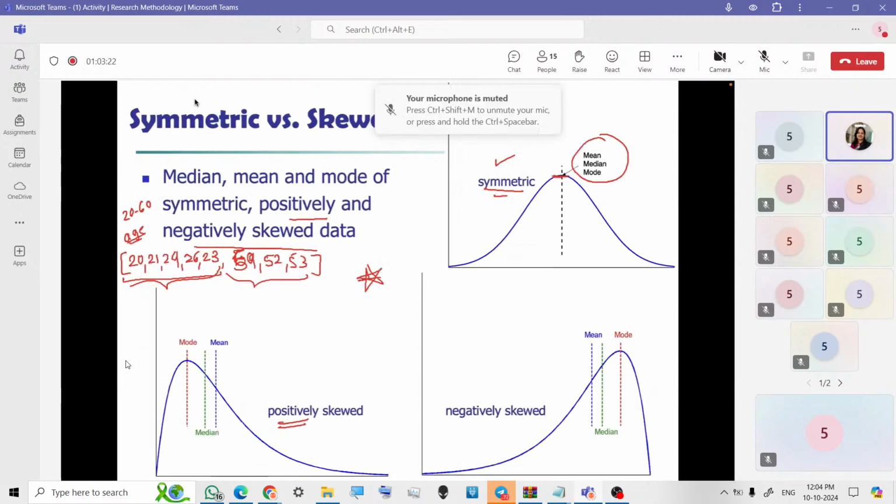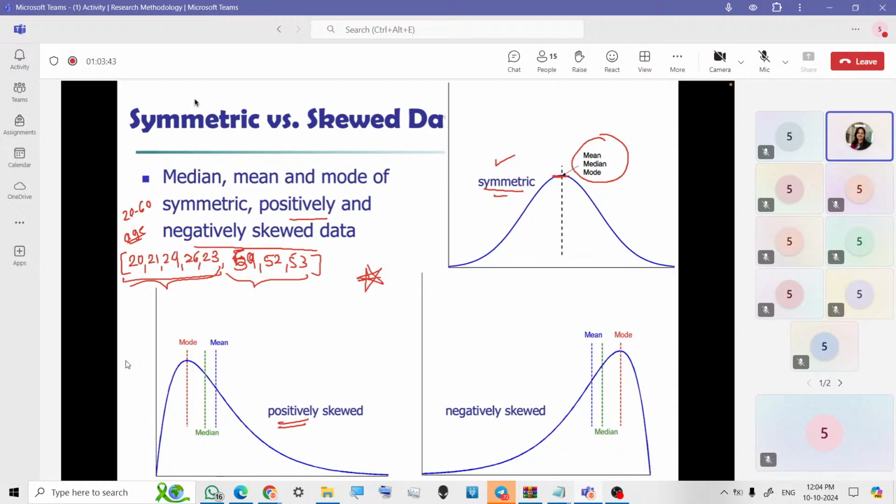And then these are a few examples of symmetric and skewed data. This diagram is very important for hypothesis testing as well. Whenever I'm saying that data is symmetric, I have three values coming the same, which are mean, median, and mode.